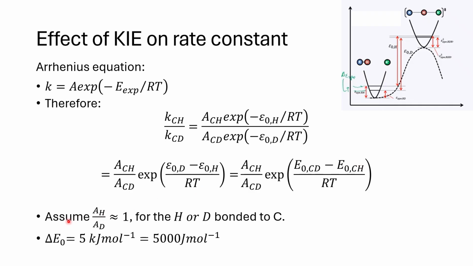If we assume that the ratio of the pre-exponential factors is about 1 for hydrogen or deuterium bonded to carbon, then the ratio of the rate constants equals exponent of the delta zero-point energy over RT. And we also found that delta E naught, this E0 minus E0 for C-H, equals 5 kilojoules per mole.